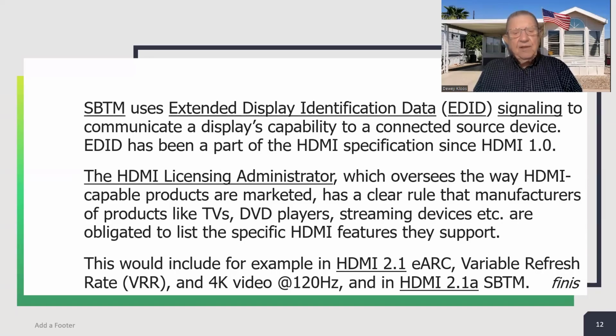For example, in HDMI 2.1 this would include things like eARC, variable refresh rate, and 4K video at 120 hertz. If you're talking about HDMI 2.1a, of course, it would include SBTM.